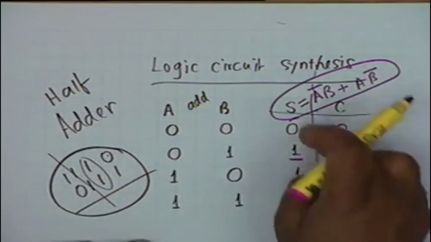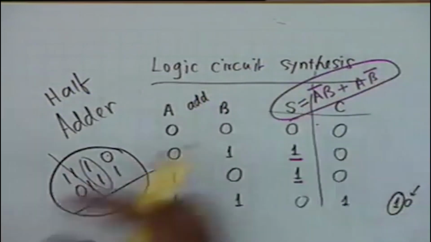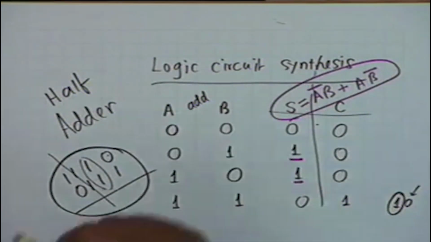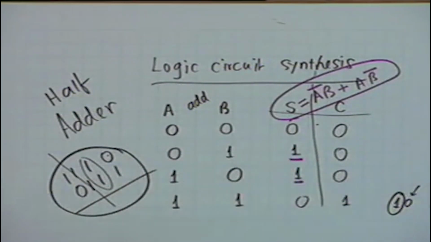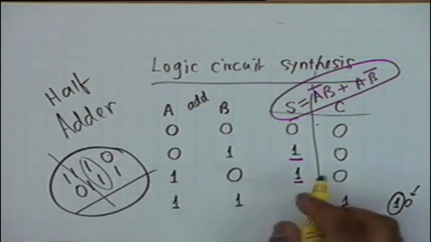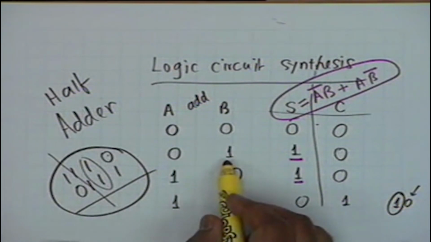It can be easily verified that this truth table for S, A and B is represented by this expression, and the simplified method is valid in all situations. You look at only those rows in which the output is 1, and take the AND operation of the variables.